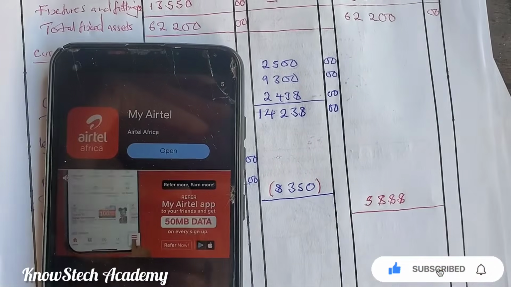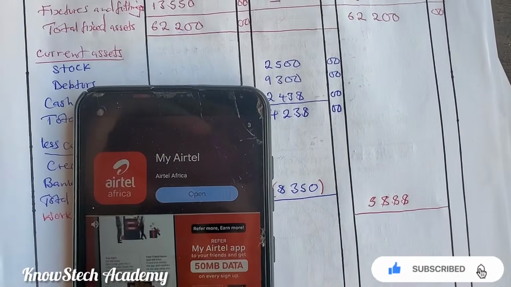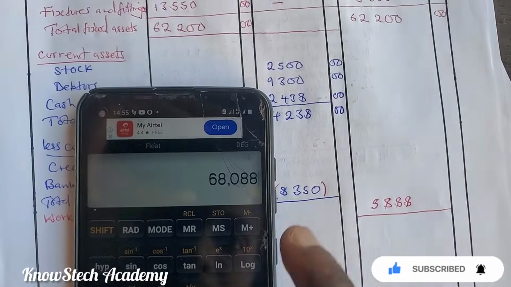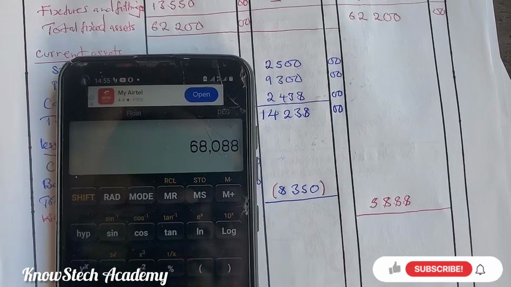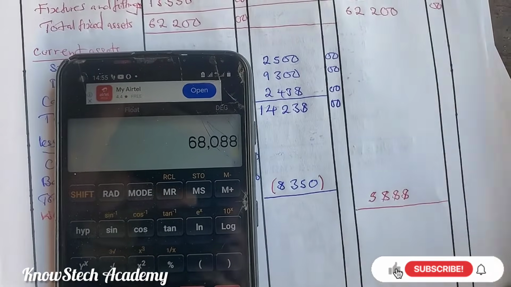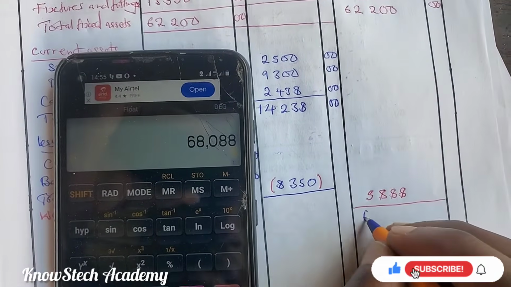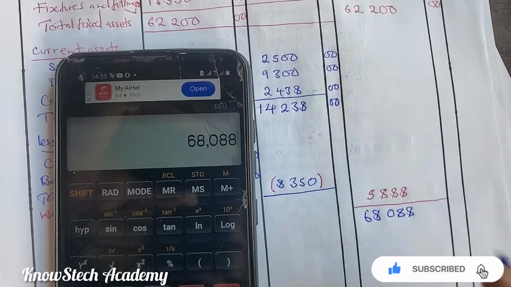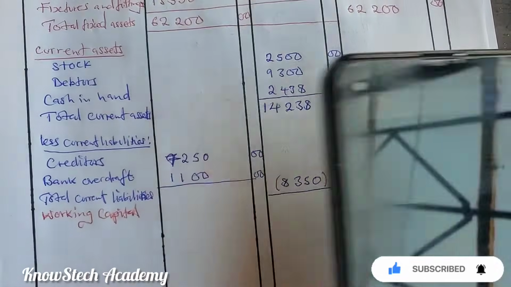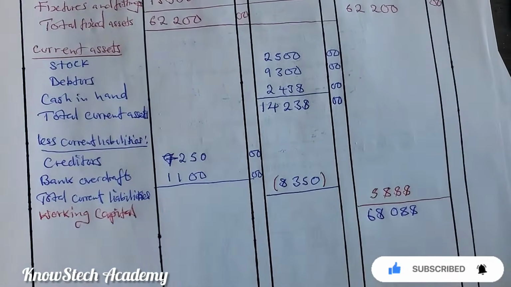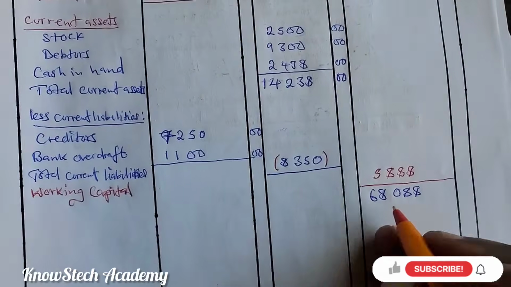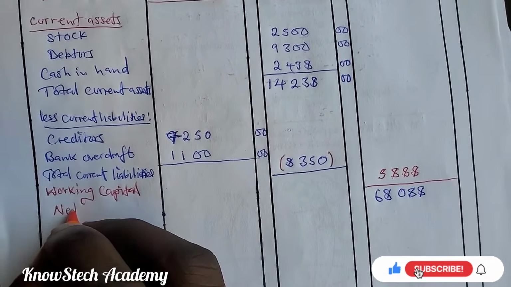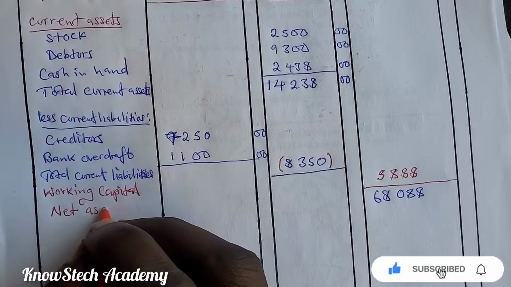The total is giving us 68,088. All right, what do we call this figure? This figure is called net assets.